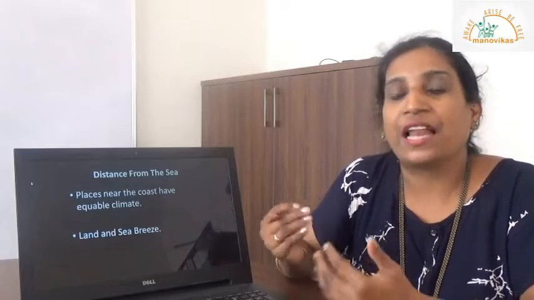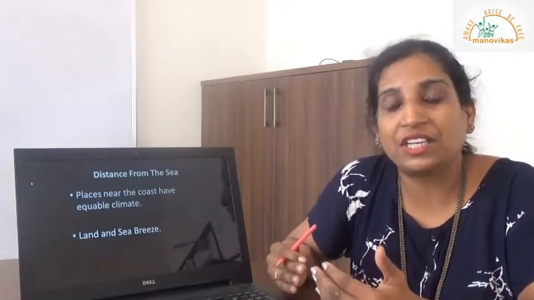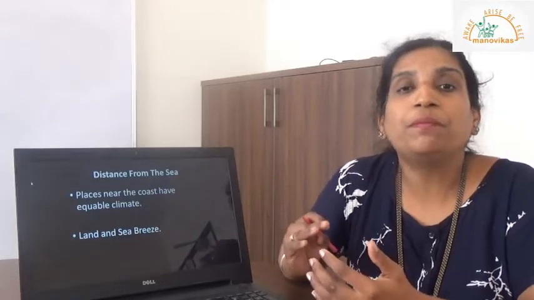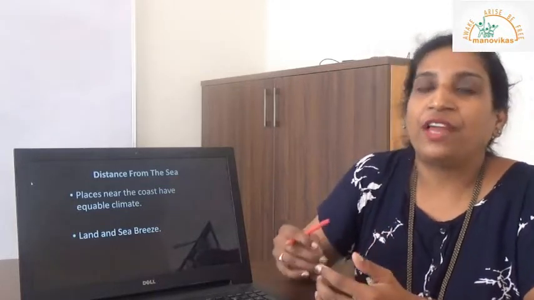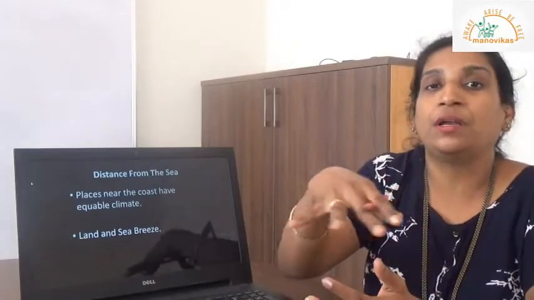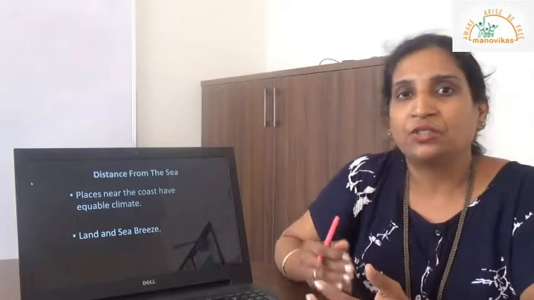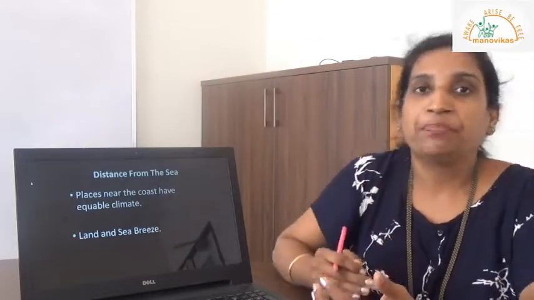Now if you see the climate during the summer season, especially if you go to Delhi or a place like Rajasthan, where there is no influence of any water bodies nearby, so they are far away from the sea, correct?